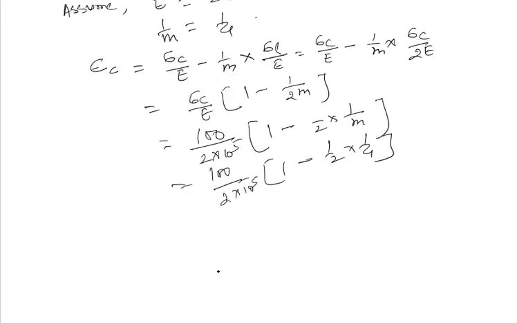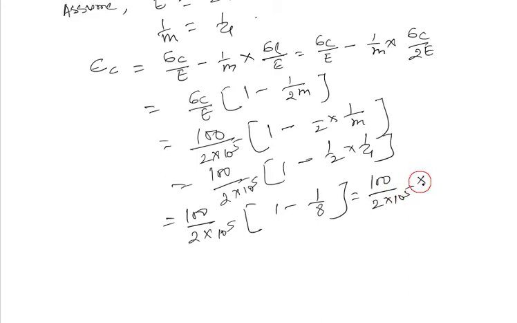Now 100 by 2 into 10 to the power 5 into 1 minus 1 by 8, correct? So 100 by 2 into 10 to the power 5 into 8 minus 1 by 8. So this value will be how much? 1 by 2 into 10 to the power 5 into 7 by 8.